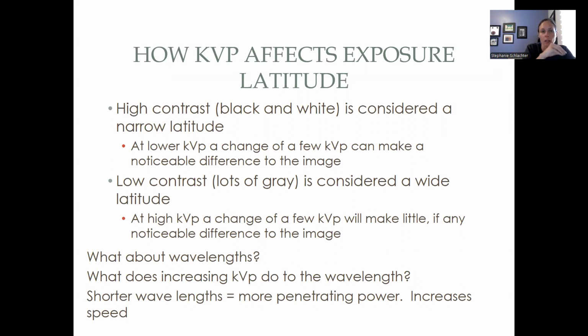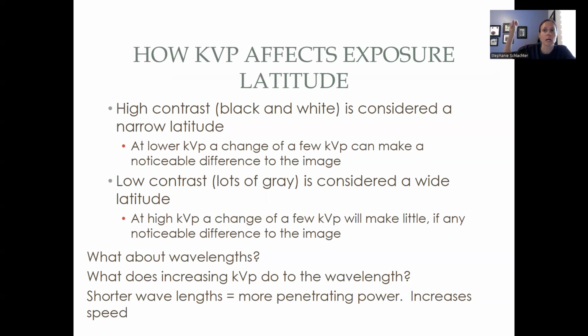So if you take a low KVP, say your KVP was like 40, and you change it to 45 and leave your MAS the same, you'll see more of a difference compared to when we have a higher KVP. We won't see as much difference if we make a small change there.